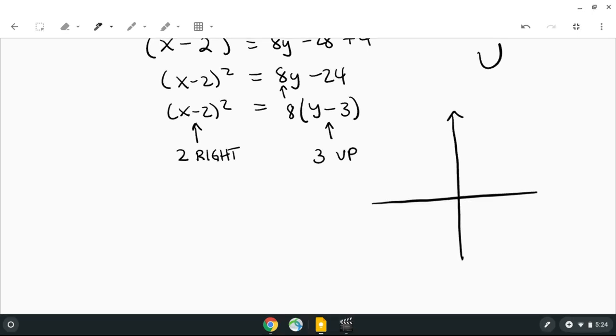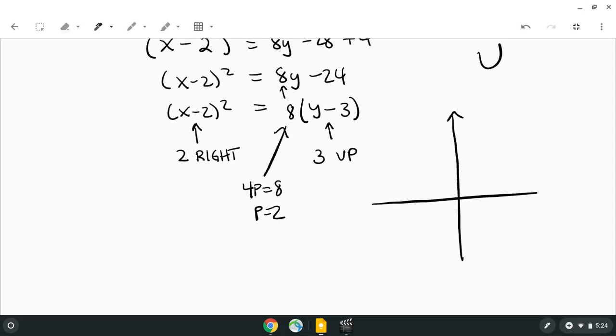Okay, and here I can still find my p-value. 4p equals 8, so p equals 2. So my focus point and my directrix are going to be 2 units away from the vertex. Okay, so let's go ahead, and we know that the original vertex is at 0, 0, but we're going to shift it 2 right and 3 up.